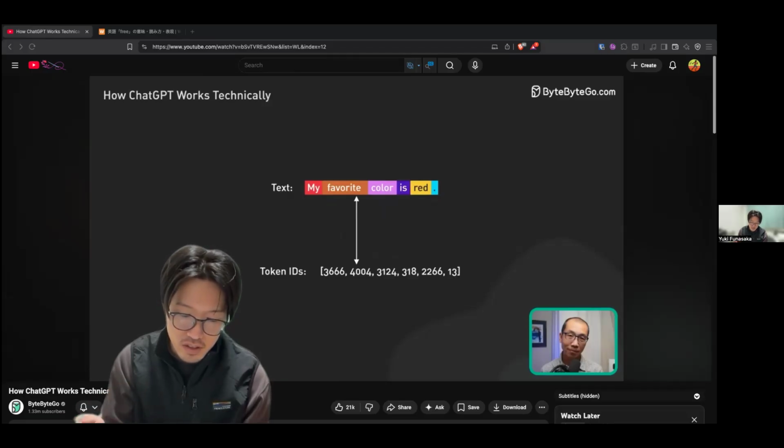Regarding "there," the subsequent words are "is" or "was" or "are." So in this sentence, subsequent words means the predictable, possible words, I think.